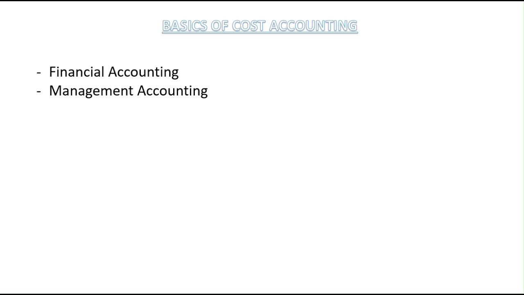It's very in-depth and gives very insightful and meaningful information, specifically designed for top managers to take decisions. Depending on the objective to be achieved, management accounting can be modified or changed as per the expectations and the situation.